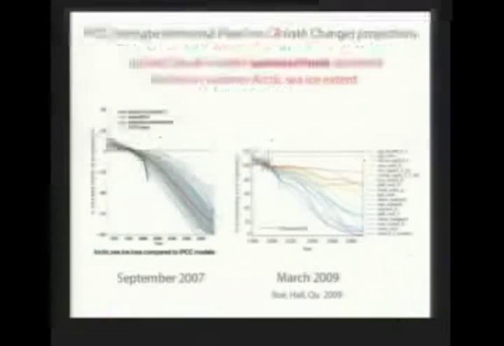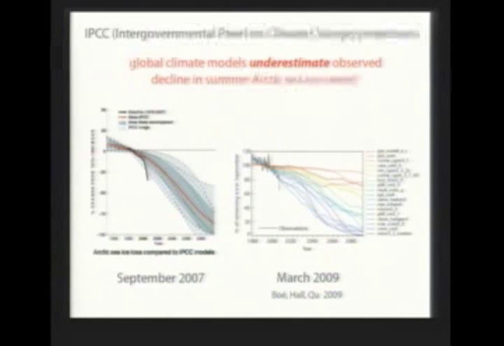Now, one of the things as a scientist and a mathematician, one who wants to predict what's actually happening, as most of the scientific community does, what's particularly alarming is the IPCC, Intergovernmental Panel on Climate Change, projections, where lots and lots of scientists worldwide run on the order of 20 of the world's best climate models to try to predict what's happening to global climate, what kind of increases in global temperatures you'll see, but in particular, in this case, what is the fate of the summer Arctic ice pack?